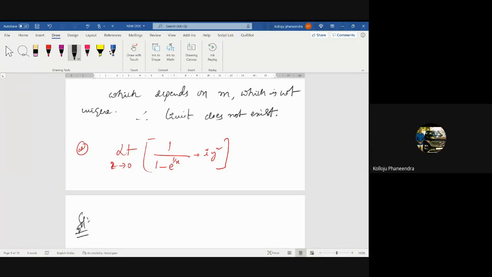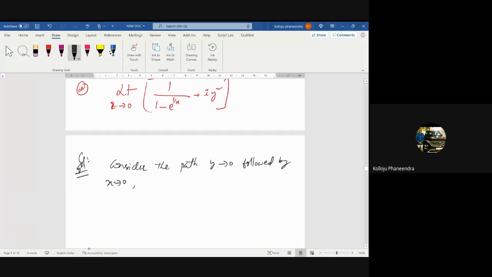Your choice is yours. I will take the first case, passing through y tends to 0 followed by x tends to 0, or x tends to 0 followed by y tends to 0, whatever it is. Let me consider the path y tends to 0 followed by x tends to 0.